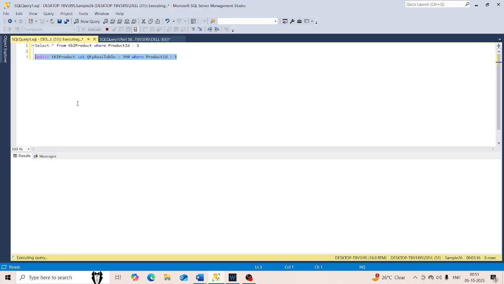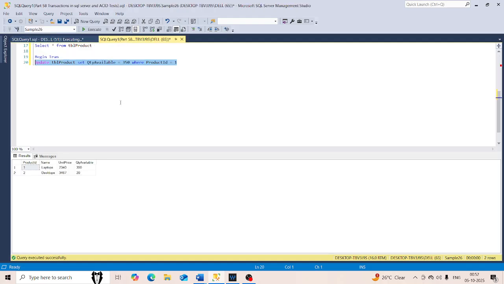Because this transaction is still being processed, I did not commit the data. It did not make the change permanent to the database.